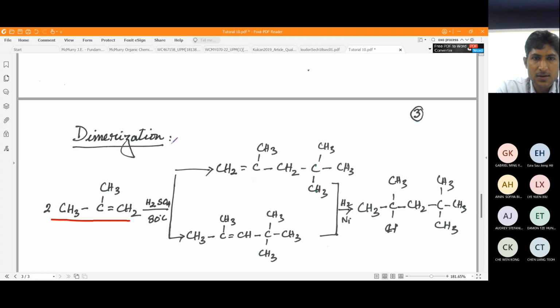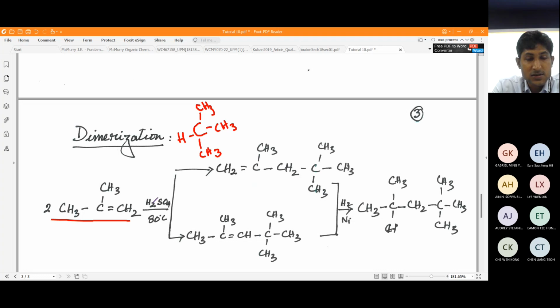It is not shown here, but it will be in this way: CH3, CH3, and H. If you are wondering where this whole part is coming from, this is the other part that has not been shown. So this is isobutane.